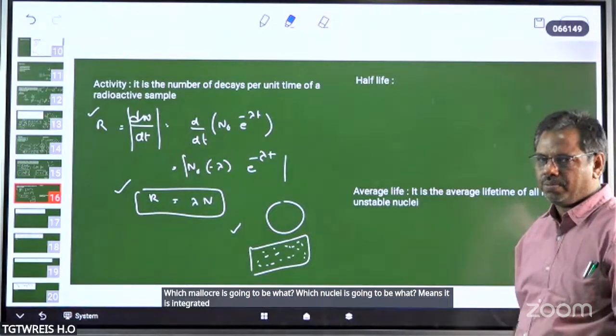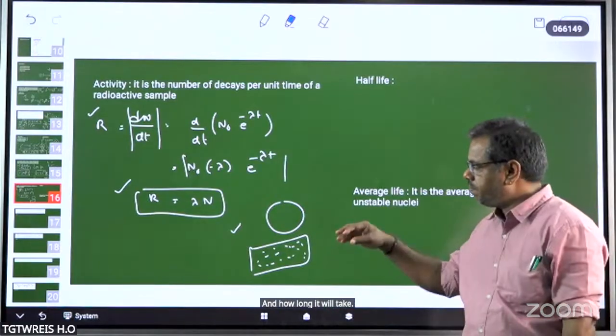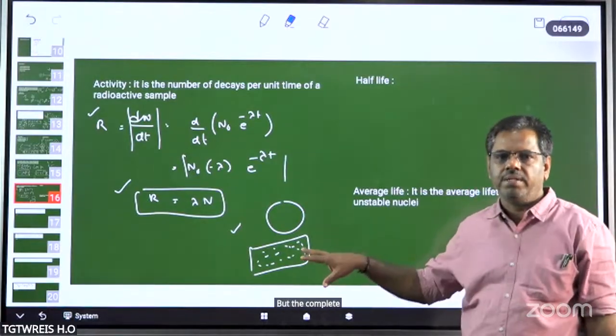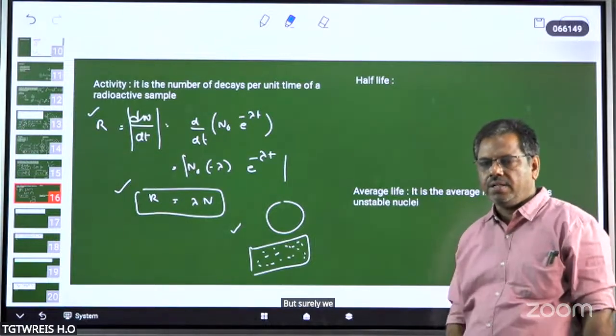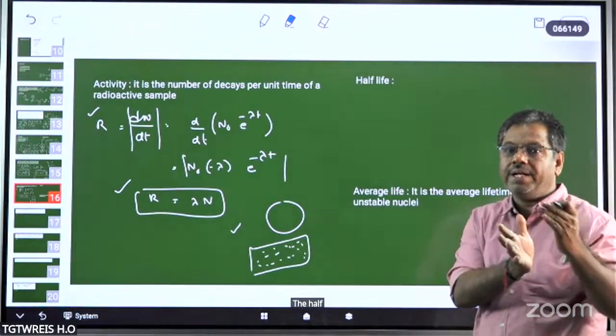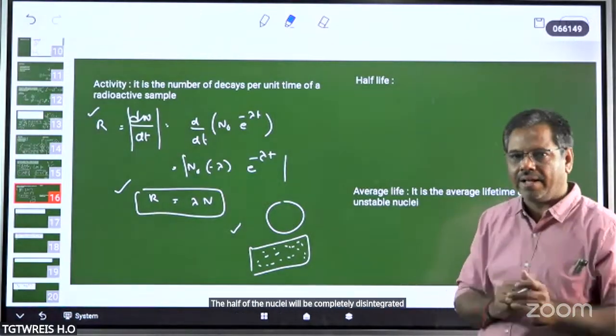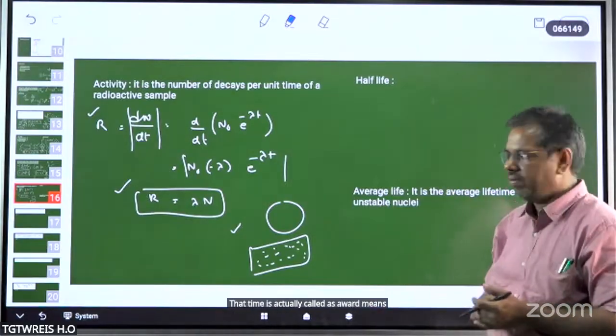It is highly impossible. And how long it will take for the complete disintegration of the given sample itself. But surely we can understand after what time half of the nuclei will be disintegrated. That we can calculate. That time is actually called the half-life.